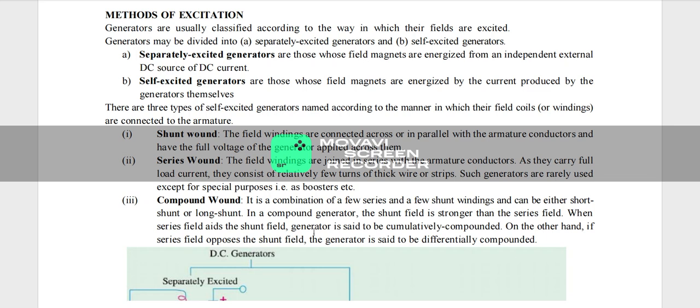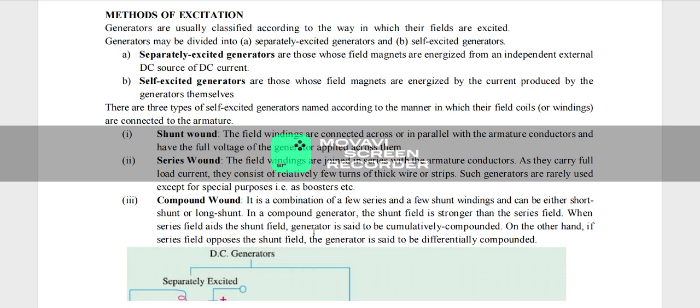So in today's class, we are going to study the different methods of excitation in DC generators. We classified the DC generators according to the way in which their fields are excited. Especially, we classified them into separately excited DC generators and self-excited DC generators.